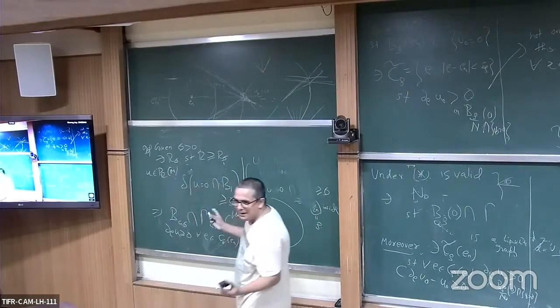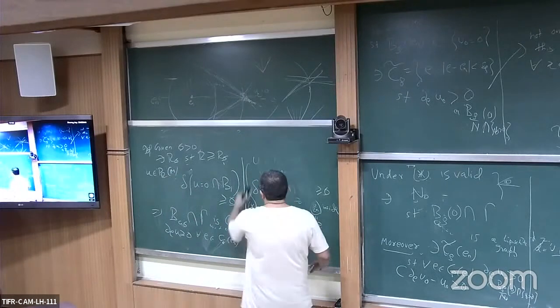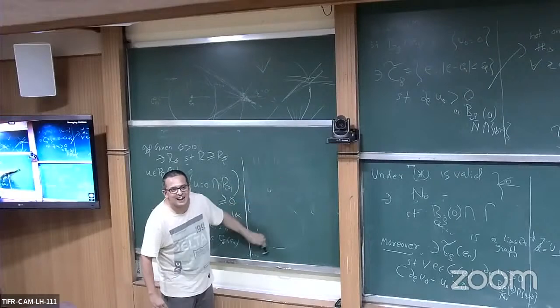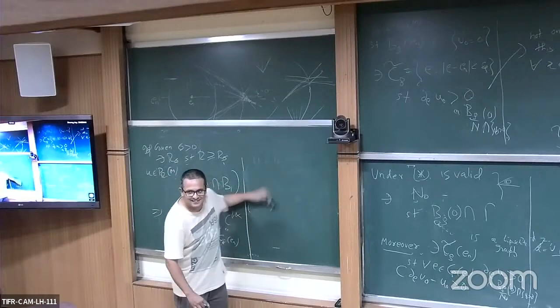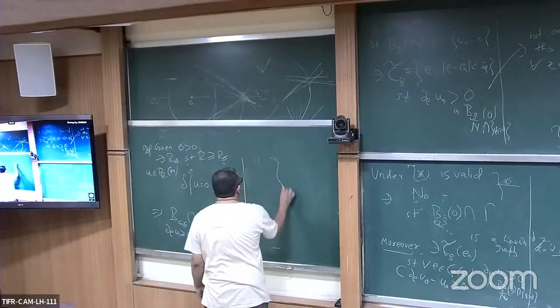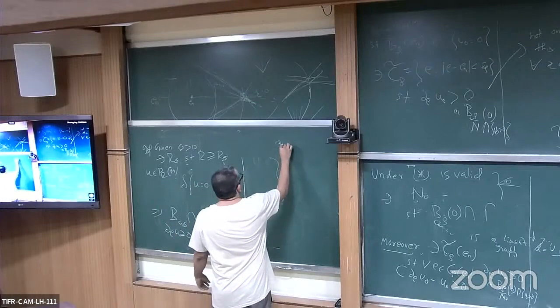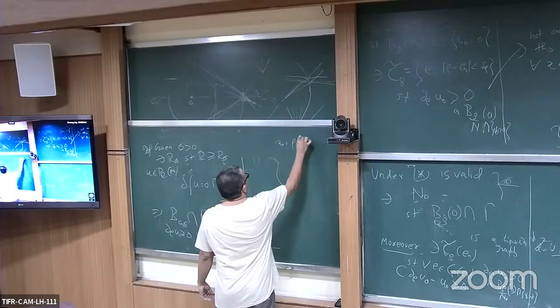So I change the lemma in a flash. How do I do it? Well, this is where my first lecture comes into play, which is boundary Harnack. So now I know that the free boundary that I have is a Lipschitz graph, xn equals f of x prime.